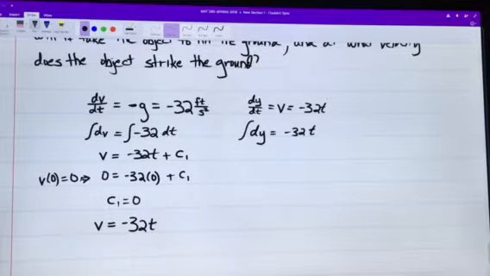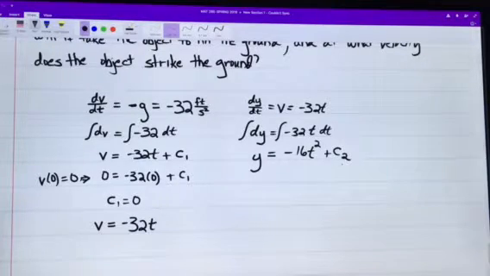Separating the differentials, again, we can integrate. The antiderivative of dy is y, and for negative 32t dt, the antiderivative is negative 16t squared, plus c2.